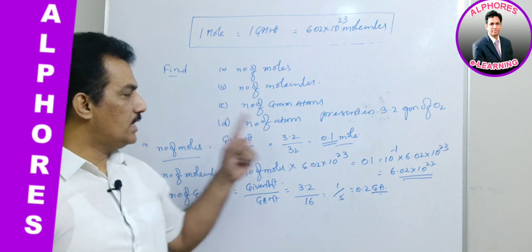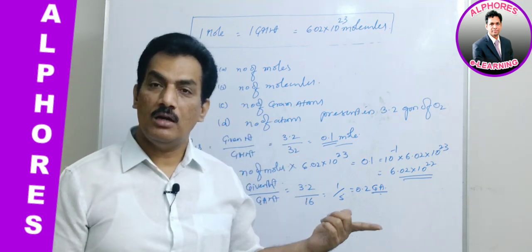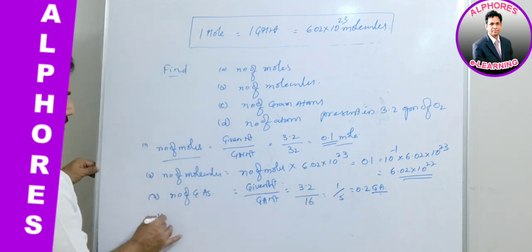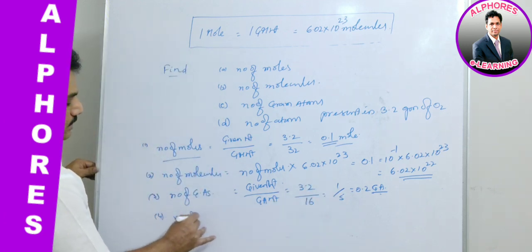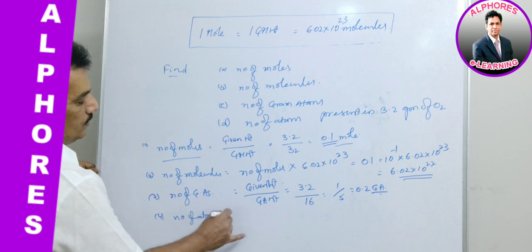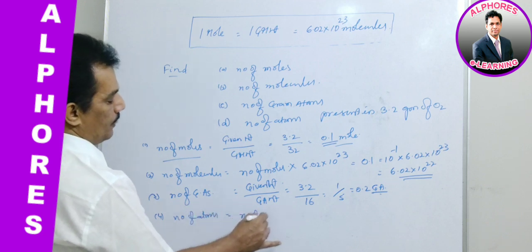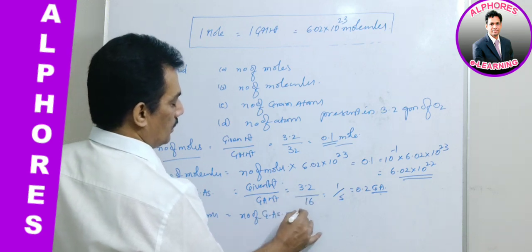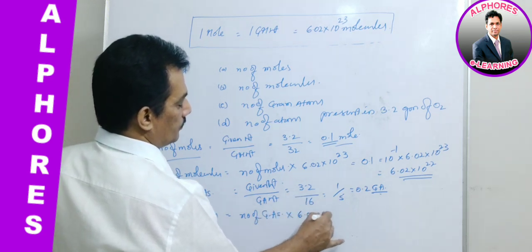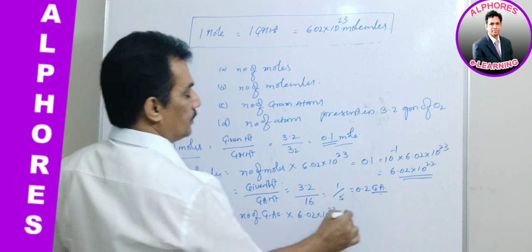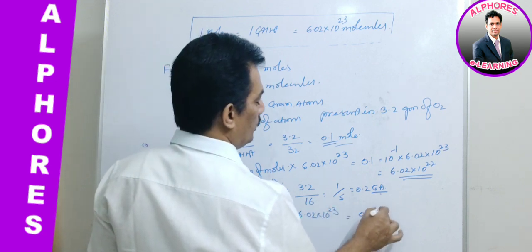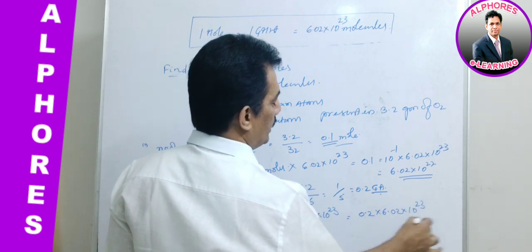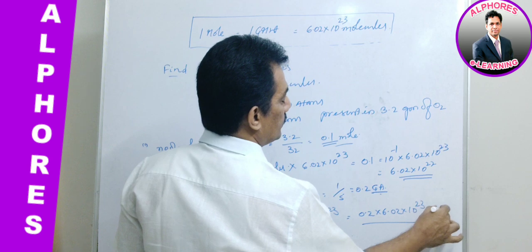And now what they are asking is number of atoms. As we know, 1 gram atom possesses Avogadro number of atoms. Then number of atoms is equal to number of gram atoms into Avogadro number, that is equal to 0.2 into 6.02 into 10 to the power of 23 atoms.